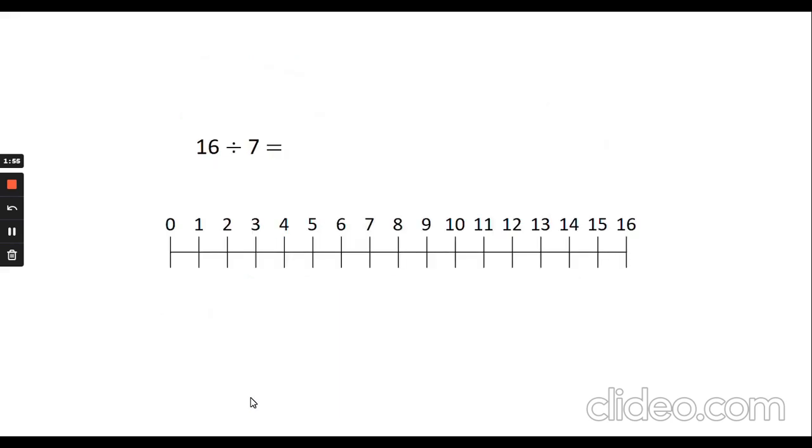Let's look then at 16 divided by 7. Again, I need my number line to 16 because that is my whole number, and now we are jumping in 7s. So 16 take away 7, I am on 9. Take away another 7, and I land on 2. But then again, I've not landed perfectly on 0, and I cannot do another jump because I've only got 2 left.